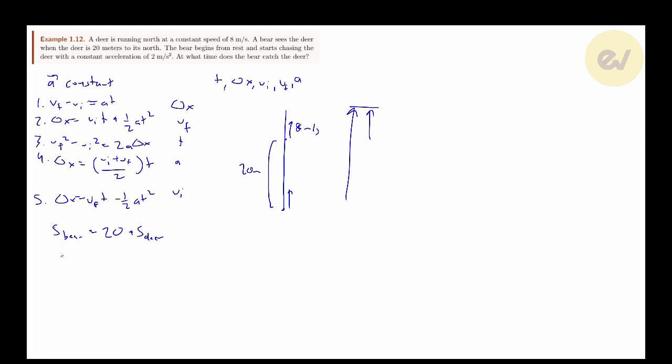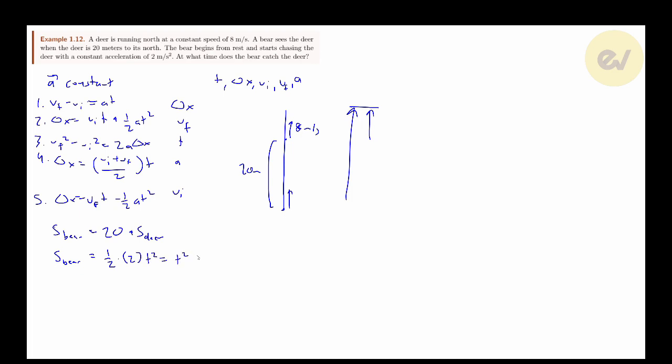Now we can also write, by the kinematics equations, the displacement the bear travels is going to be equal to its initial velocity times time, but its initial velocity is 0 since it begins at rest, plus 1/2 times its acceleration, which is 2 meters per second squared, times t squared.